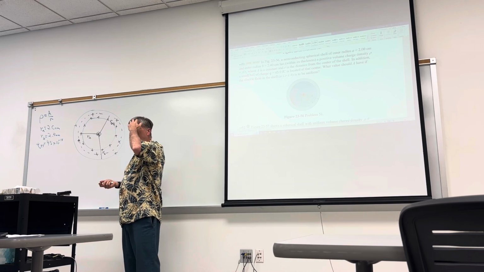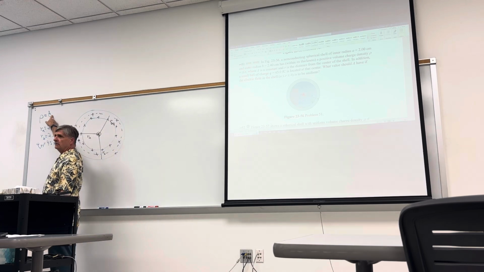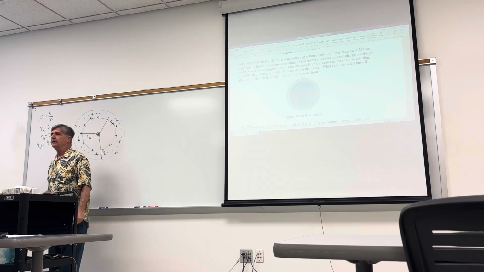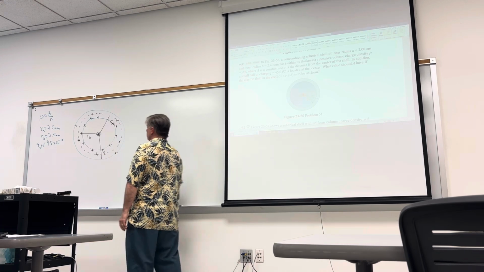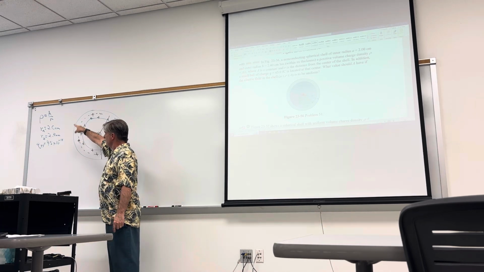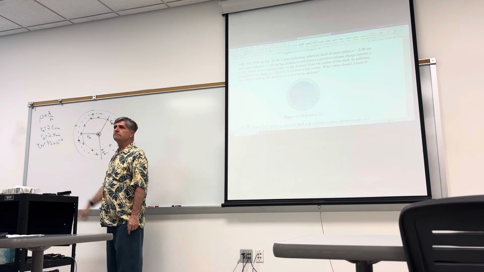That will give me the E in that region, which will allow me then to solve for this constant. That's the plan. Yes, the pluses are more dense toward the middle and then less dense as it goes out, because the density keeps decreasing with radius.